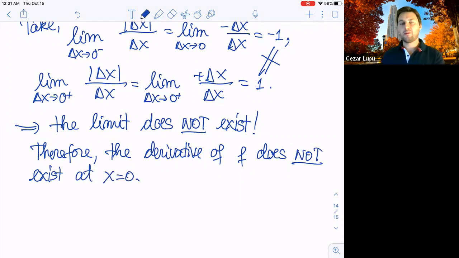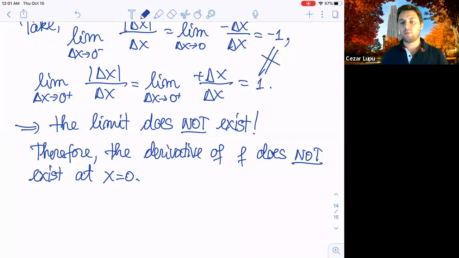So this is an example of a function which is not differentiable at 0. So not all functions are differentiable at 0. All right, now there is one theorem that I would like to mention, and probably I'm just gonna stop after this. Maybe I'll just tell you a bit about the notations of the derivatives and so on.